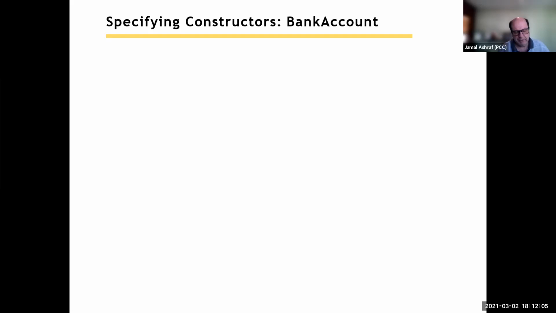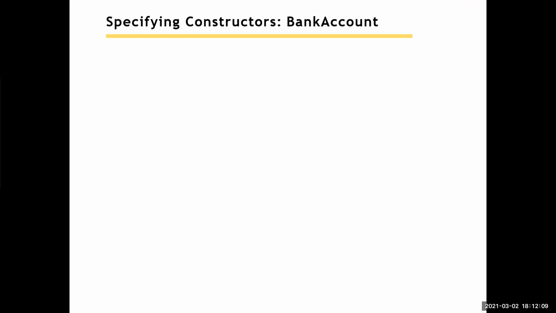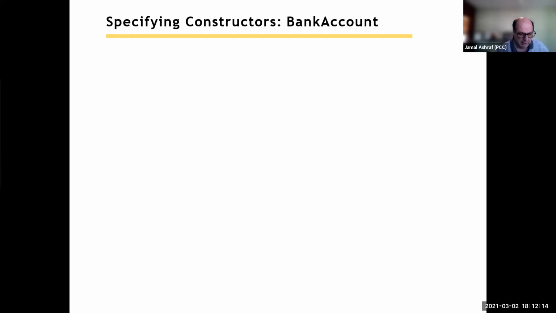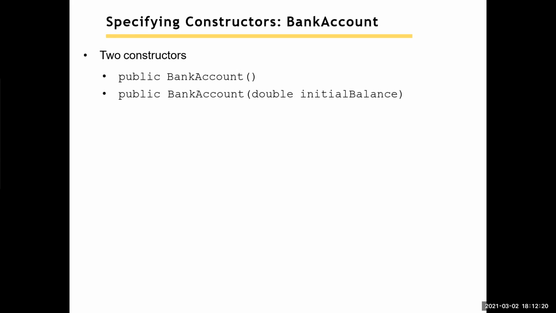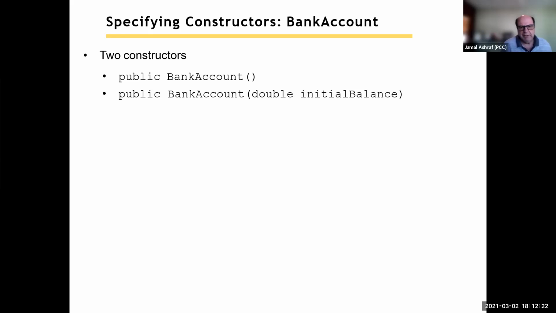It does not have a return value, but can I have parameters? Yes. I may have parameters if I want to, or I can leave it blank with no parameters. If I leave it blank, that means I am not receiving anything while I am building my object. That's called a default constructor.